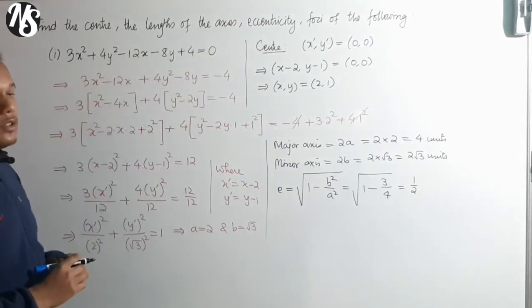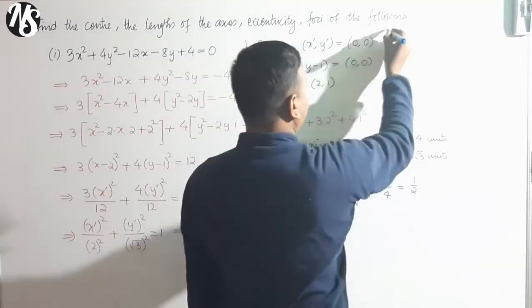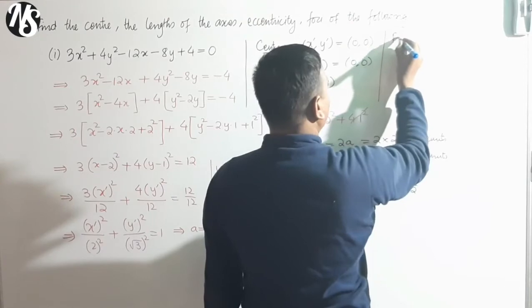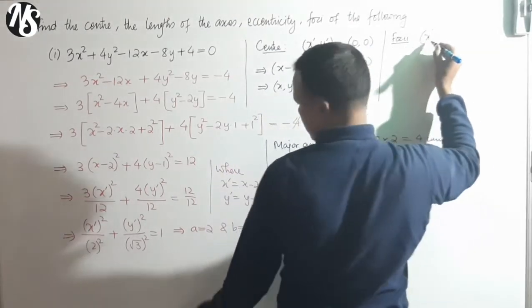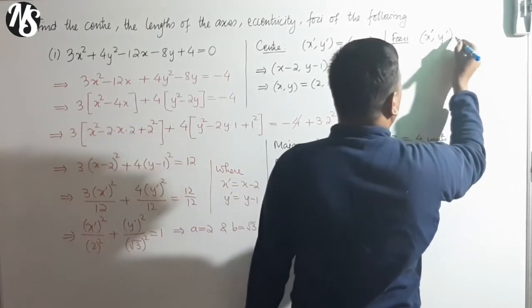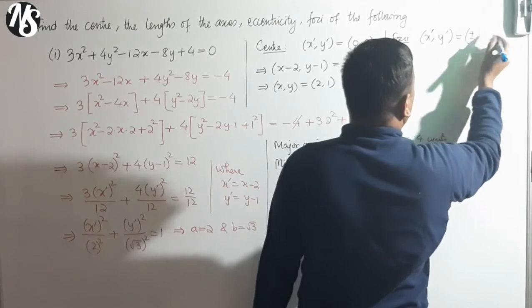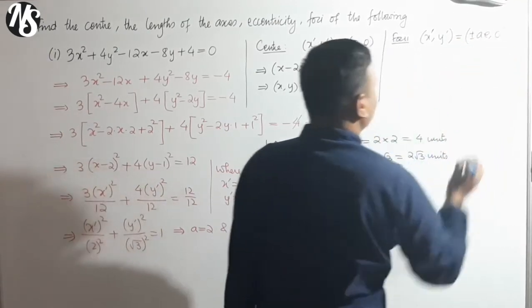Now we need to find the foci. Again, foci will be found using a similar formula. Let me write foci out here. For this standard form, our foci will be plus minus AE comma 0.